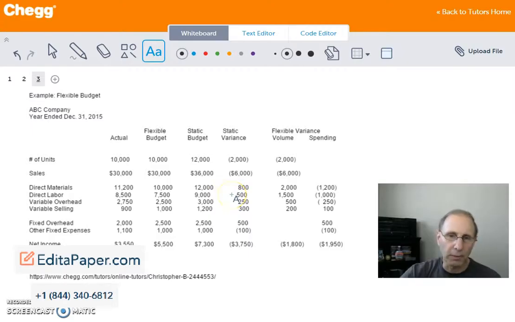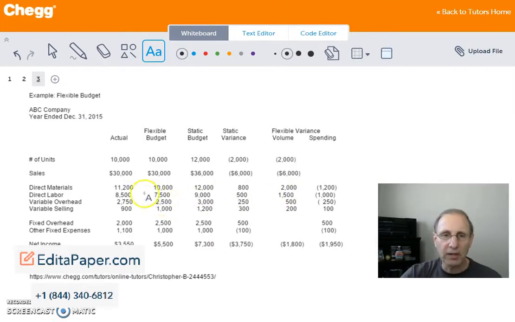Let's look at direct labor. So the flexible budget said we should have spent only $7,500 in direct labor for this given actual volume of 10,000 units. Our original budget called for $9,000 in direct labor. So when comparing the flexible budget and the static budget, we have a favorable volume variance of $1,500.